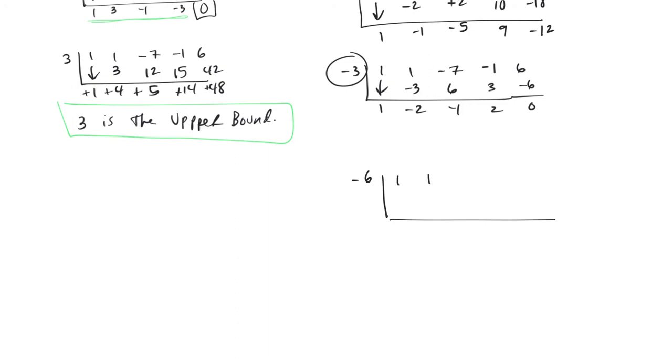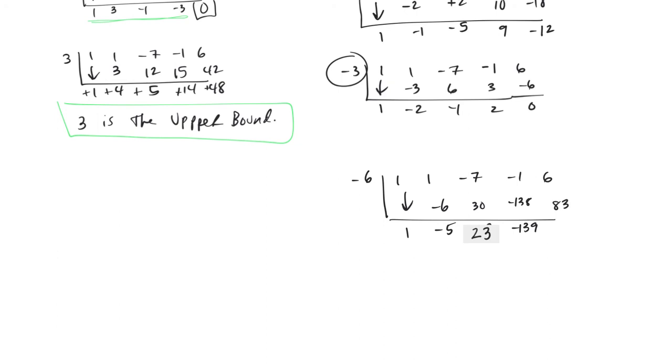1, 1, negative 7, negative 1, and 6. Negative 6, and add those up. 30, add those up. That should be 23, and that's positive. Negative 138, add those up.